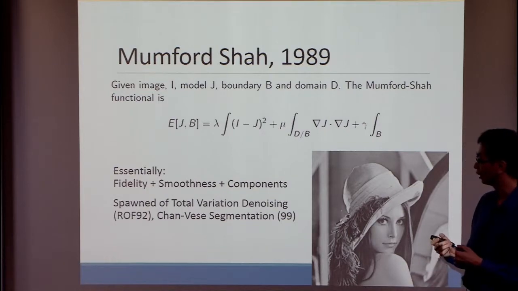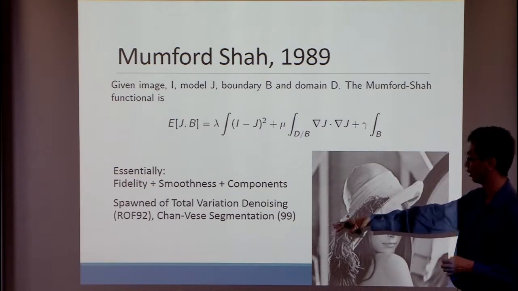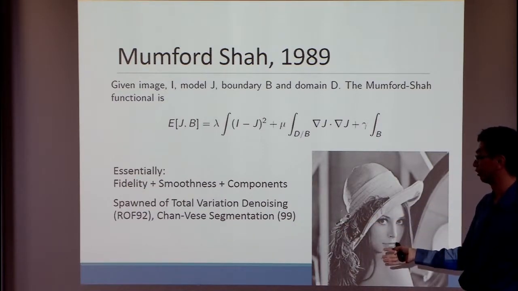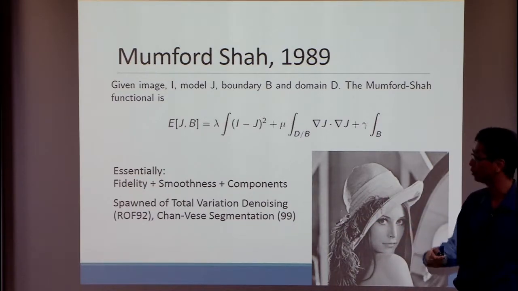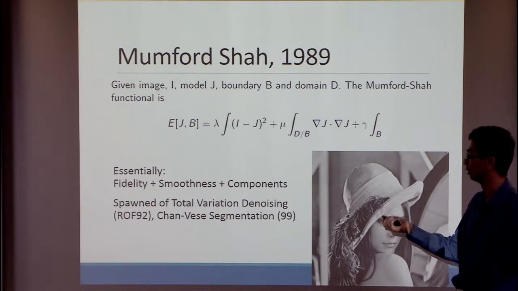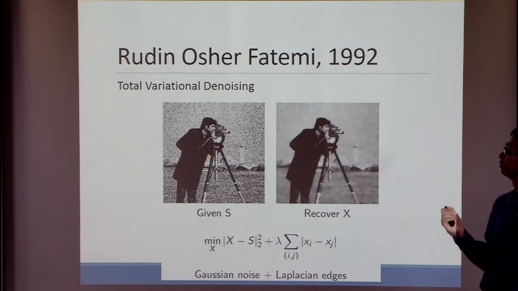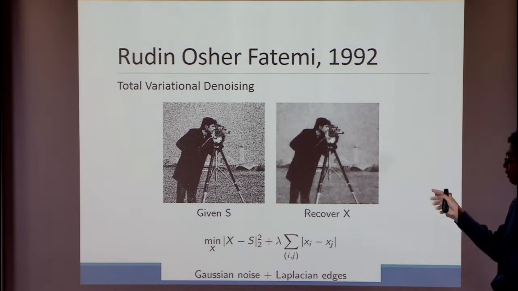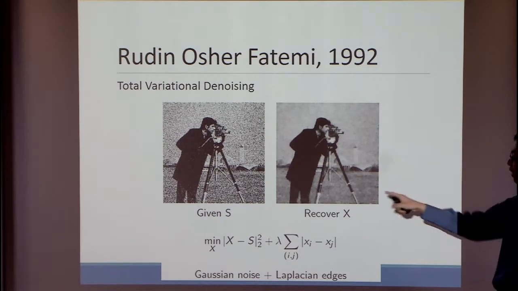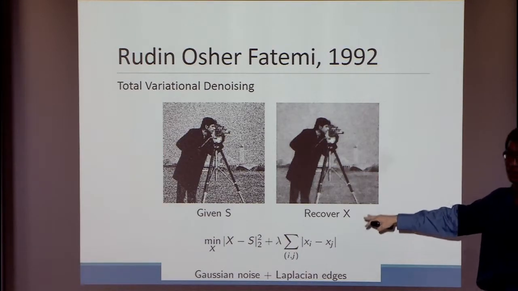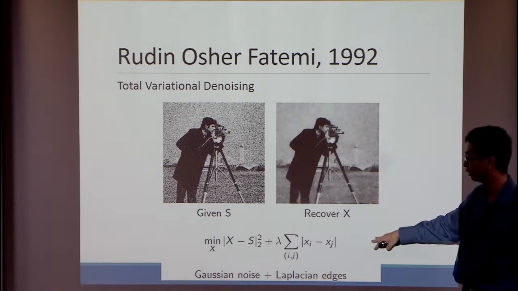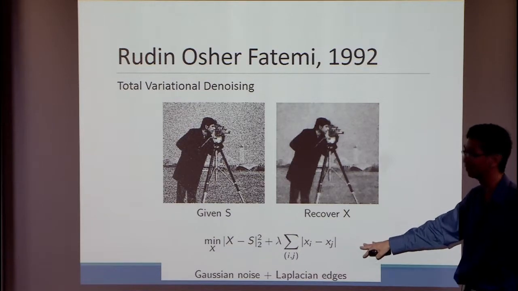So if you take the one with the connected component, you get the Chan-Vese segmentation algorithm. Then the one we're going to talk about today is actually the TV variational denoising. So the ROF92 model, or Rudin, Osher, Fatemi model, is given a noisy image S. Our goal is to recover X, right? And the functional, we have seen a few times already this function appearing.